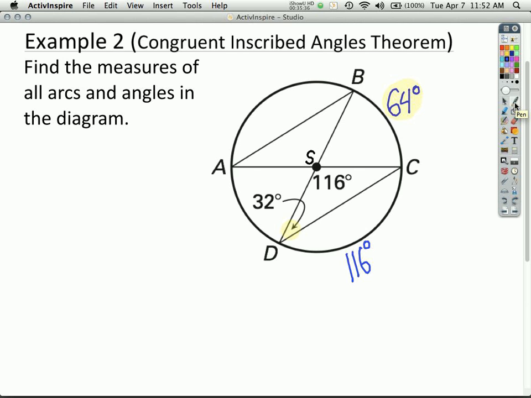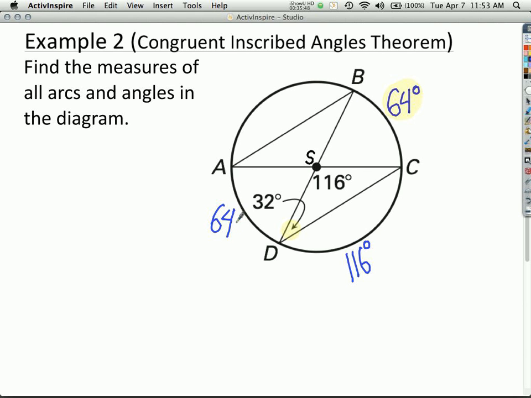Give you another detail that your team discovered. Team A, student number 2. Arc AD is 64 degrees. Absolutely. Very good. Team H, student number 24. Give me another detail.